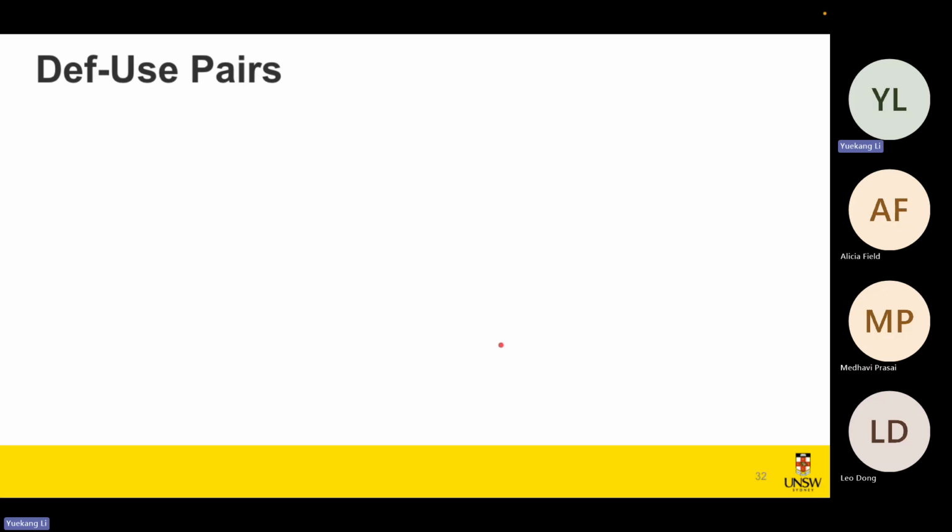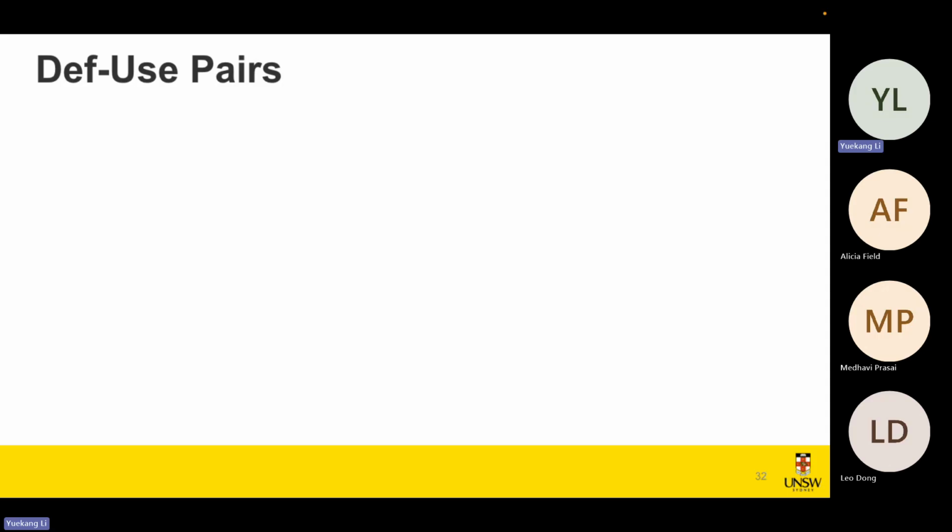And since we have definitions and uses for variables, we want to reason about things like where the value of this variable comes from, or whether the definition of this variable will affect any usage of it, right? Because we care about the relations between def and use for variables, we can create pairs of def and use.